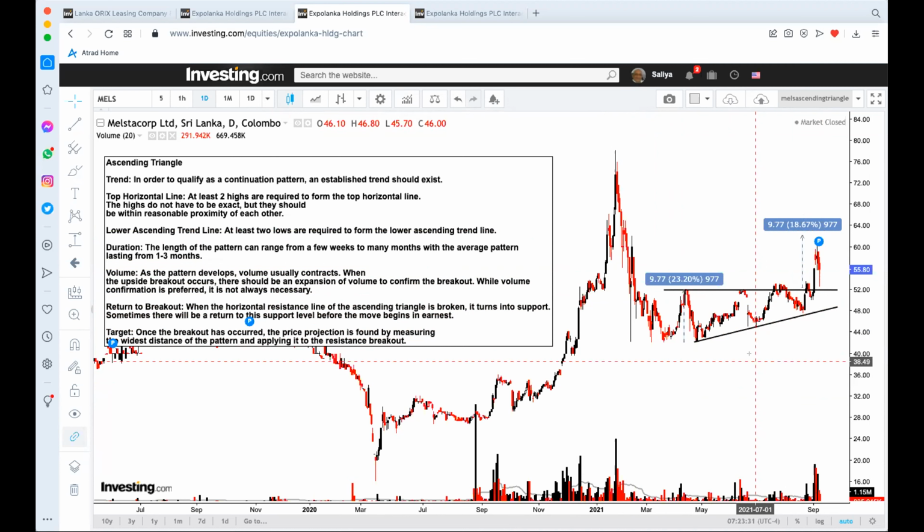There are instances where the demand side, or the accumulators of the stock, will try to buy as low as possible, at which point the sellers are coming in and giving to the buyers.